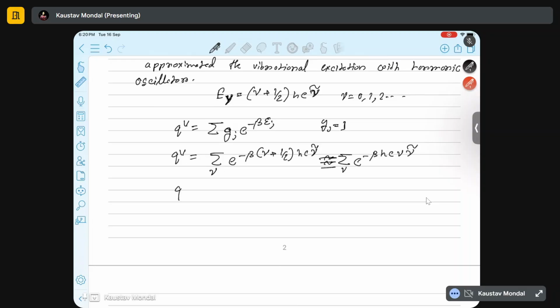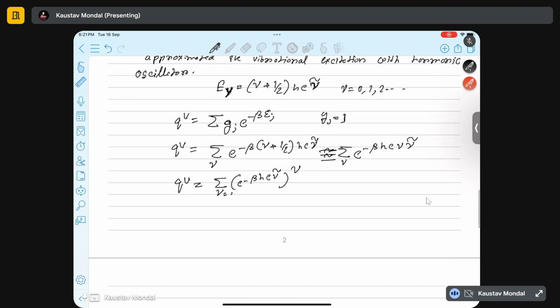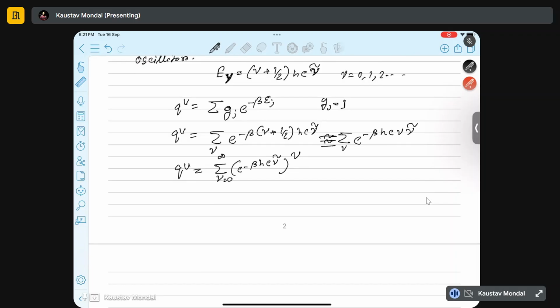That means QV would be the summation over nu of e to the power minus beta h c nu tilde, to the power nu, with the summation from nu equal 0 to infinity. This basically gives you an infinite geometric series.